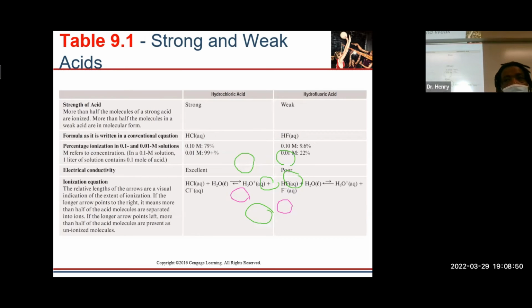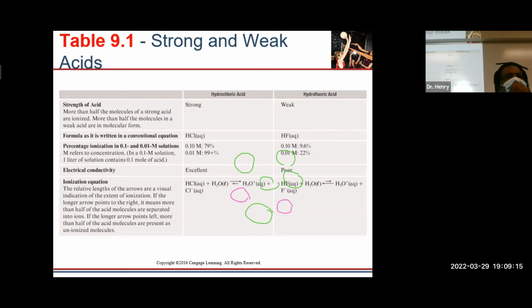Because we know strong acids totally separate. So hydrochloric acid totally separates. Hydrofluoric acid is a weak acid, so what is going to be the major species there? The one that's still connected, right? So the unionized. The majority of the species are going to look like this. It's going to be connected.